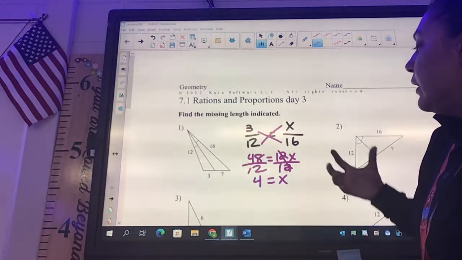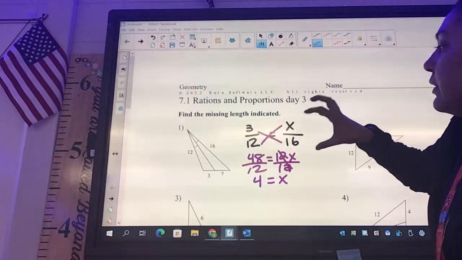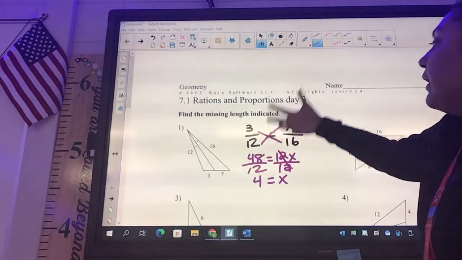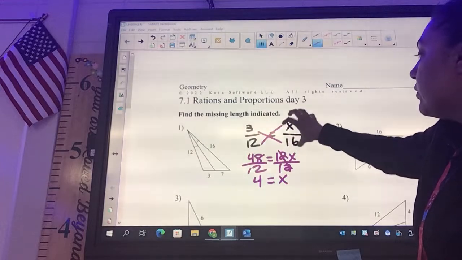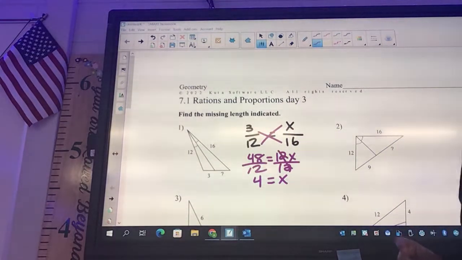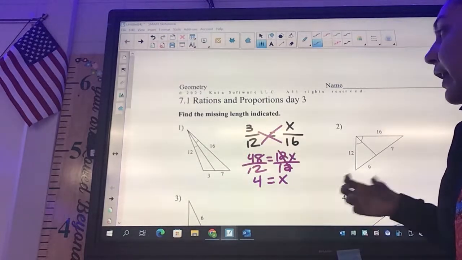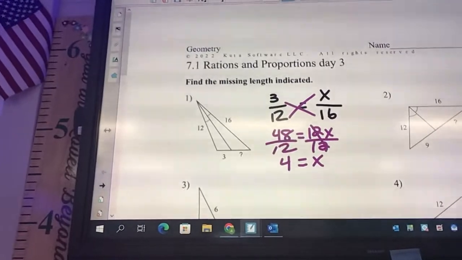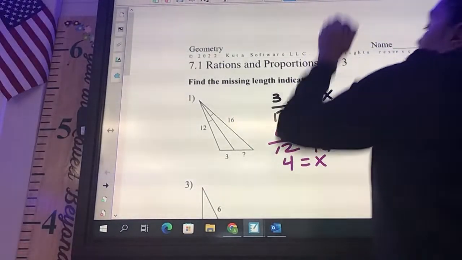And if you would plug this in, you could see that 3/12 is equivalent to, or proportional to, 4 over 16. And so that's what we're doing today. And I honest to goodness think the hardest part is that setup, okay? So let's look at the next one.